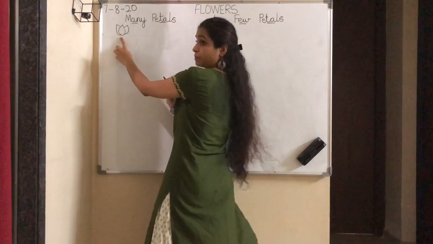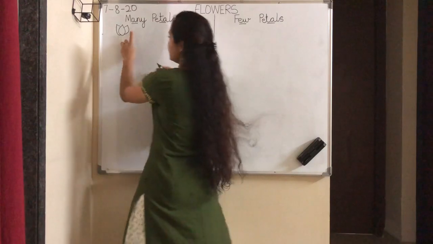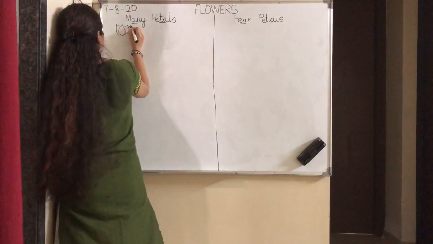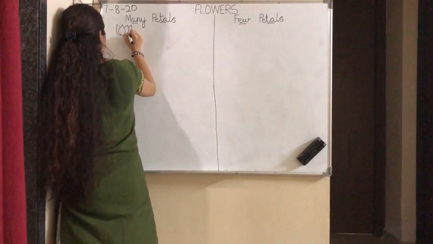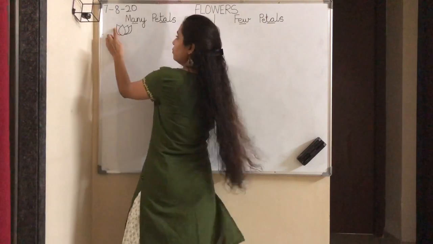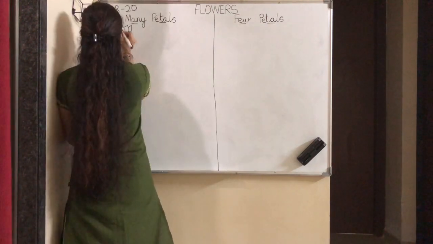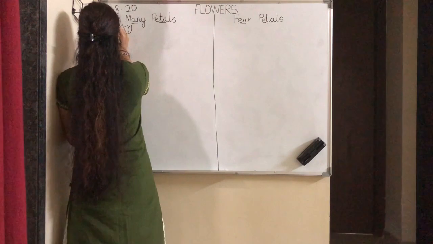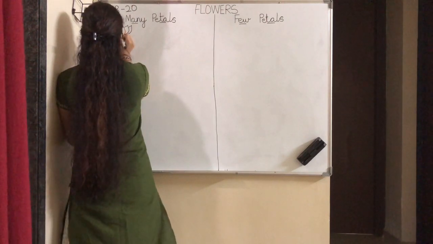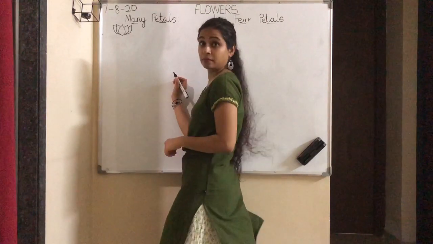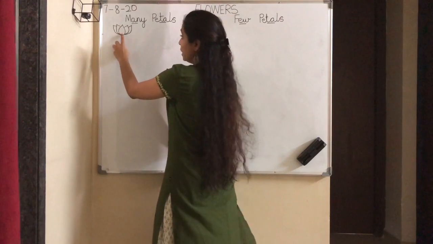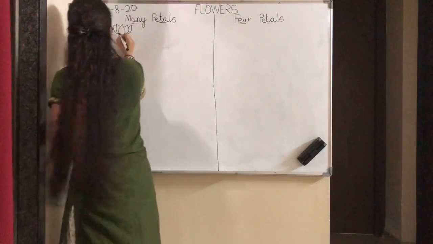Like this. Then you draw one more petal this side. And draw one more petal this side. Like this. Okay, and then below this petal, draw one small petal.